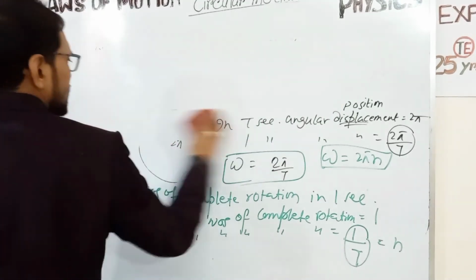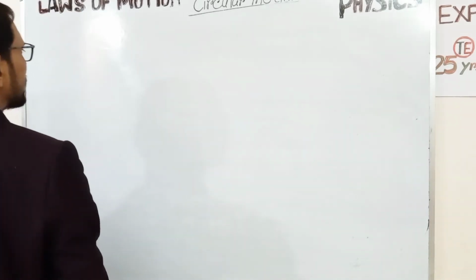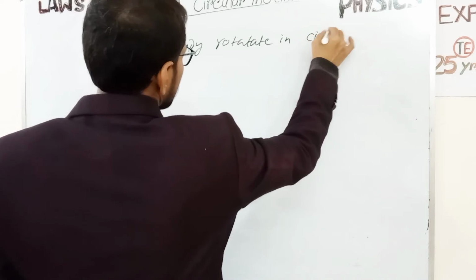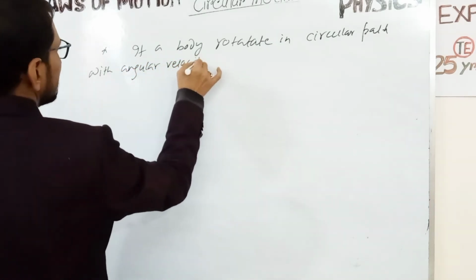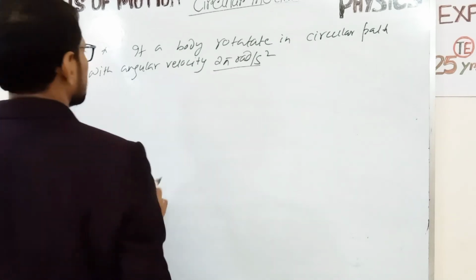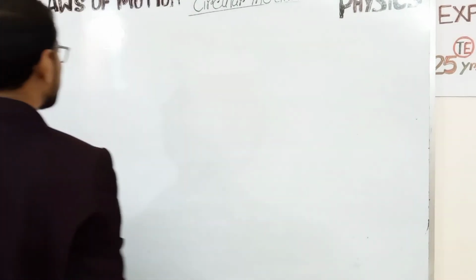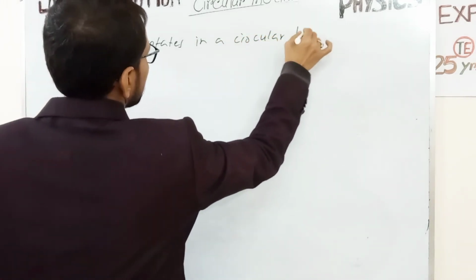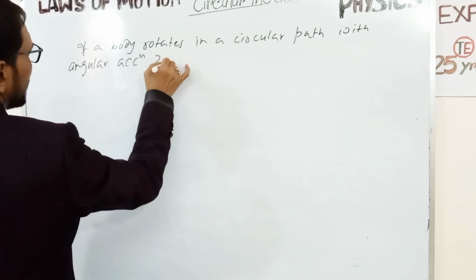Now what is the problem? The problem is: if a body rotates in a circular path with angular acceleration 2 pi radian per second square.